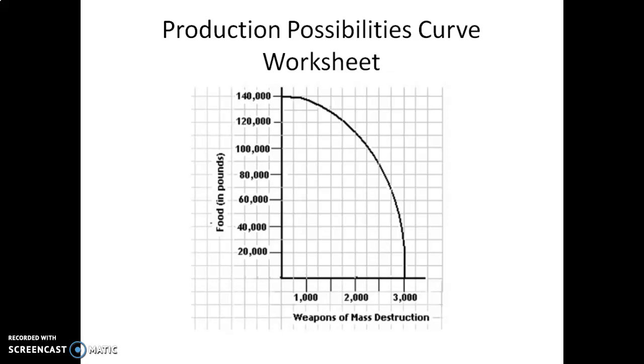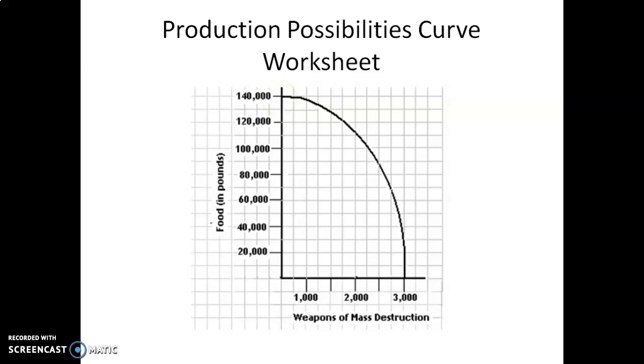And let's just take a look. Let's say we're producing currently only food and no WMD. We would be way up here at 140,000 pounds of food. Now, if I want to produce 1,000 weapons of mass destruction, how much food am I giving up? Notice that I'm giving up almost no food to get out here to 1,000. And the reason for that is really quite simple.